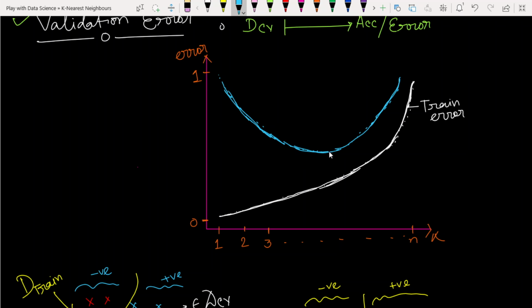So this kind of graph is what we generally have, and this is called the cross validation error.